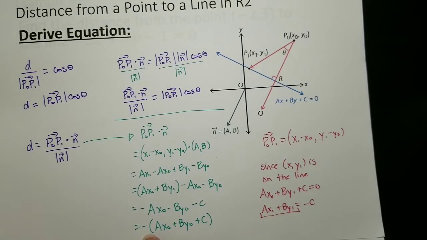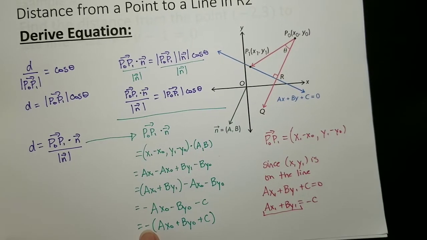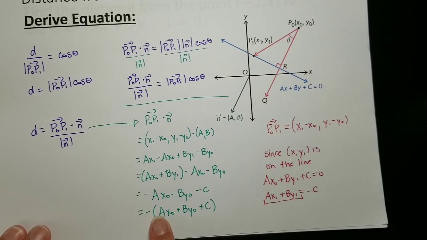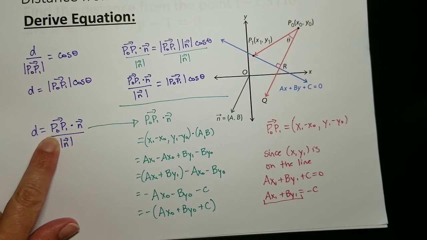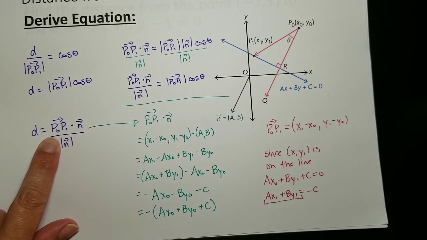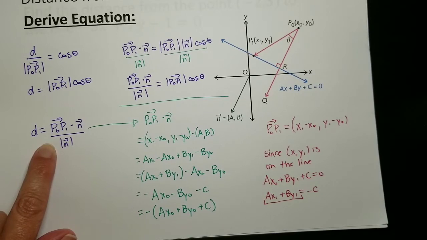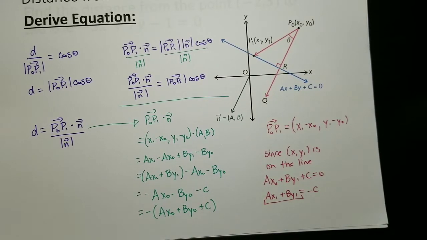And because I know that distance has to be positive, I can actually eliminate that negative. So we're just going to take the absolute value. So this is an expression for the dot product, but I always want a positive distance. Like if I get a distance of negative 12 units, we just say, oh, well, it's 12 units away. The direction is not something that we're really concerned with here.